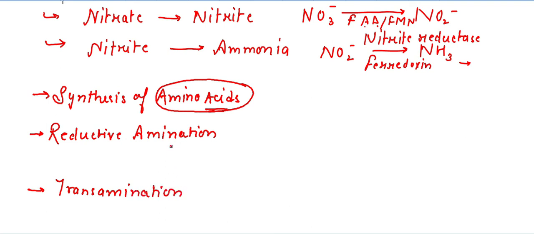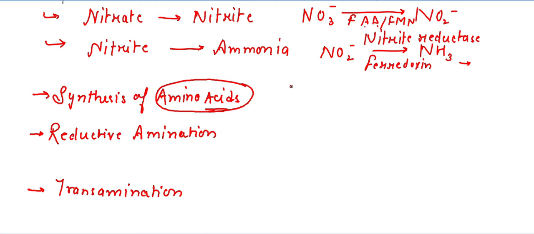Actually the ammonia is not used as such, it has to be converted into amino acid. From the ammonia the amino acids are formed, and now the amino acids get grouped, a polypeptide is formed, which is the protein.